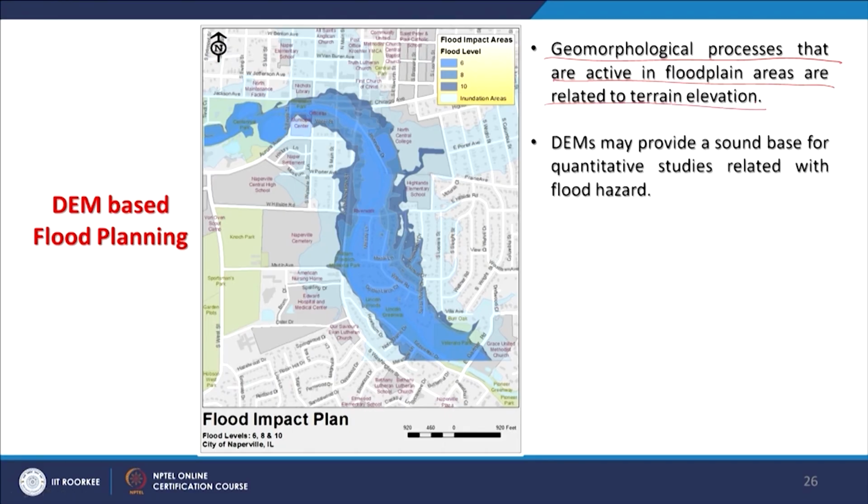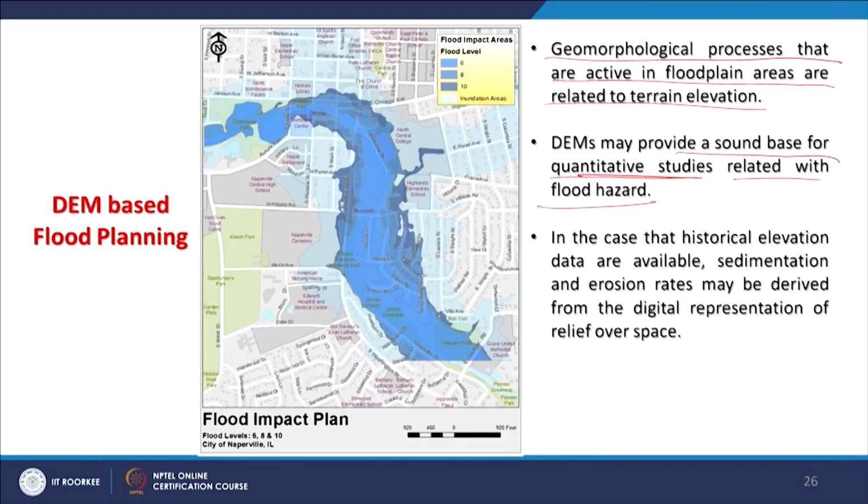And DEMs represent not only the geomorphic landforms, but also the entire elevation model, the terrain. So DEMs may provide a sound base for quantitative studies related to flood hazard, as shown in the left figure. Even if it is an urban area, if we have a detailed digital elevation model, a flooding scenario can be very well predicted.